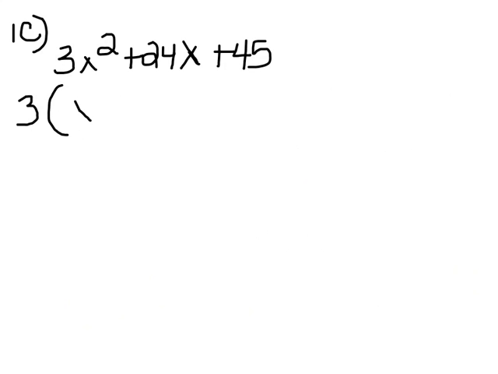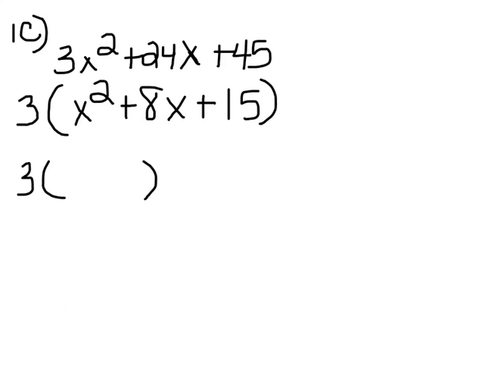If we take out a 3, we'd be left with x squared plus 8x plus 15. And now we're left with a trinomial in our parentheses that can be factored as well. Now there is no leading coefficient on the x squared, so we would do 1 times 15, which is just going to give us 15, and our answer will look like this: 3 times a binomial times another binomial.